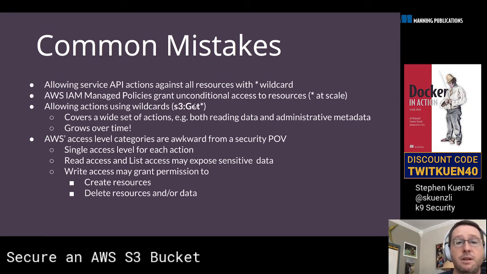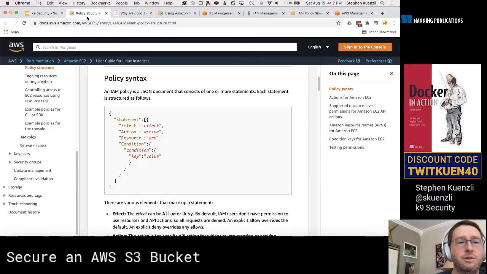Now, there's another issue in that people often grant unconditional access to resources. So let me back up and show you the structure of a policy. The first thing I was talking about is these actions that you can either allow or deny.